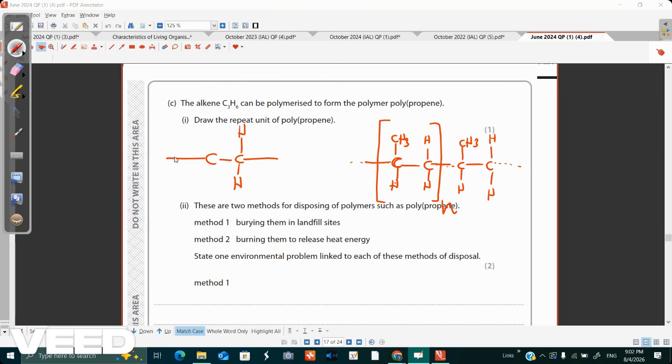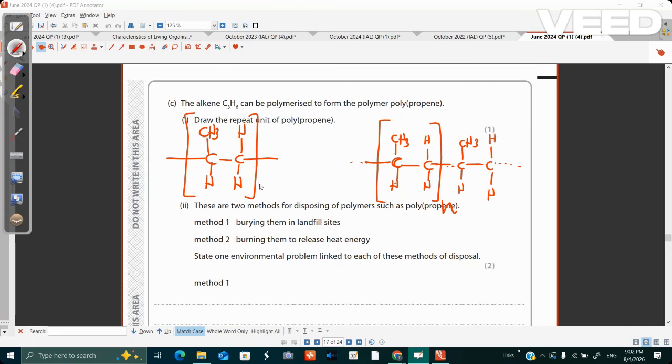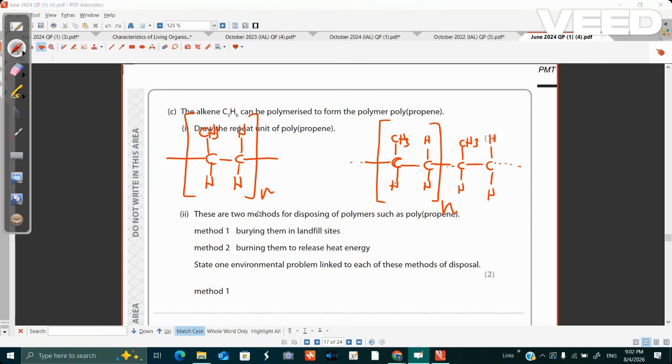So this one must go beyond the bracket. Now it is correct. N number of times. This is the repeating unit. Make sure to have the bond beyond the box brackets.